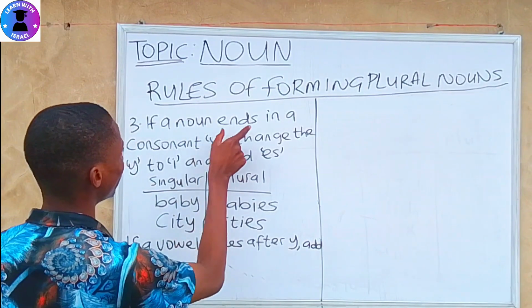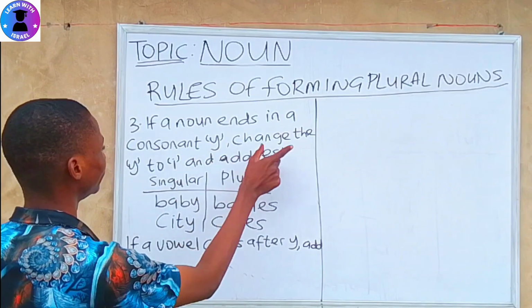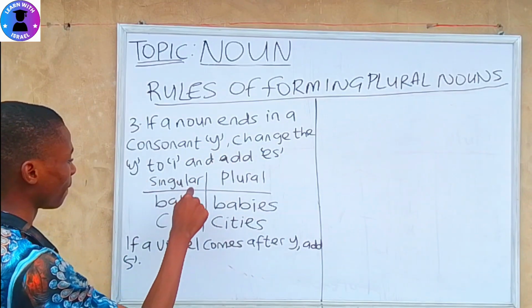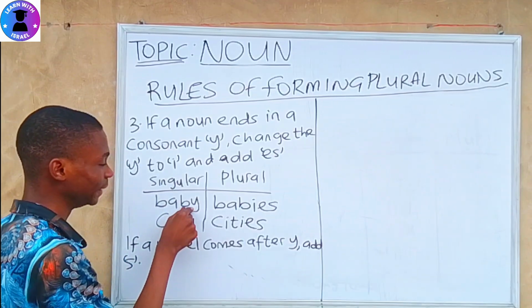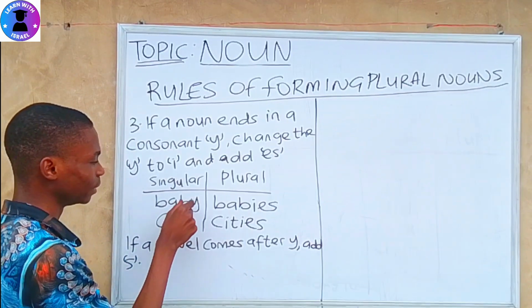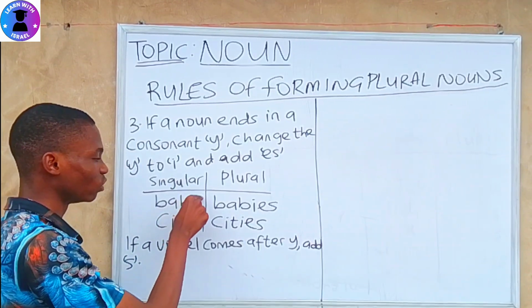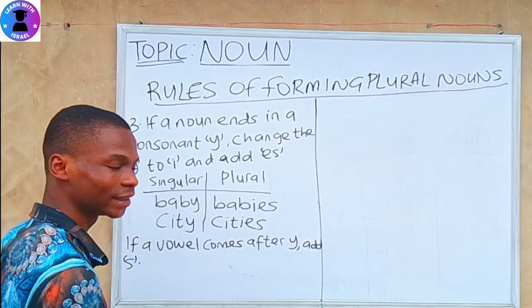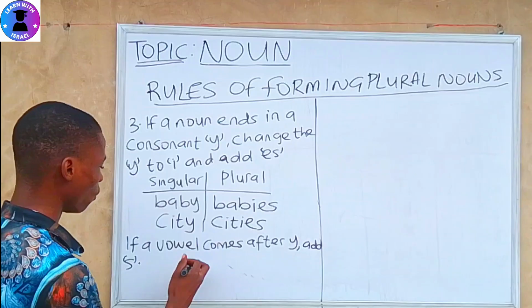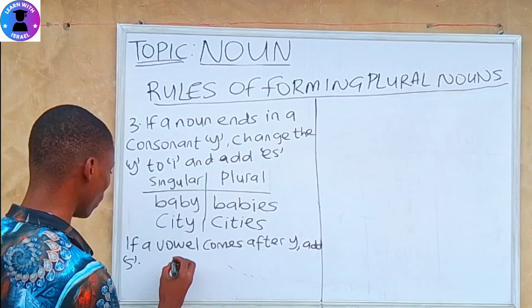If a noun ends in a consonant plus y, change the y to i and add es. As you can see, baby ends with a consonant before the y, and city also ends with a consonant before the y. So let's check nouns that have a vowel before the y.